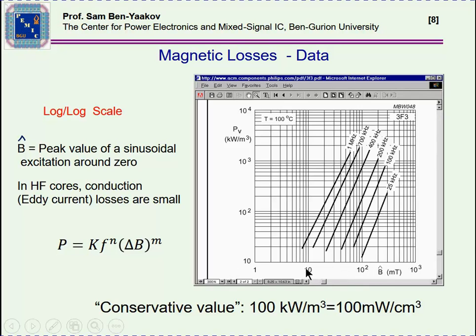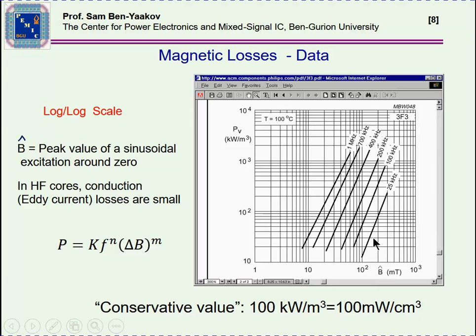So it'll be 10 millitesla, 100 millitesla, etc. Here we have the power loss in units of kilowatt per meter cube, which is the SI unit. Kilowatt is 1000 watts per meter cube, and kilowatt per meter cube is actually milliwatt per centimeter cube.